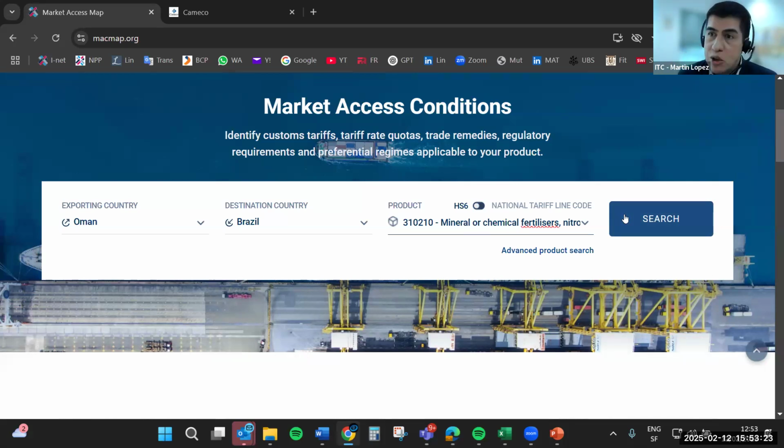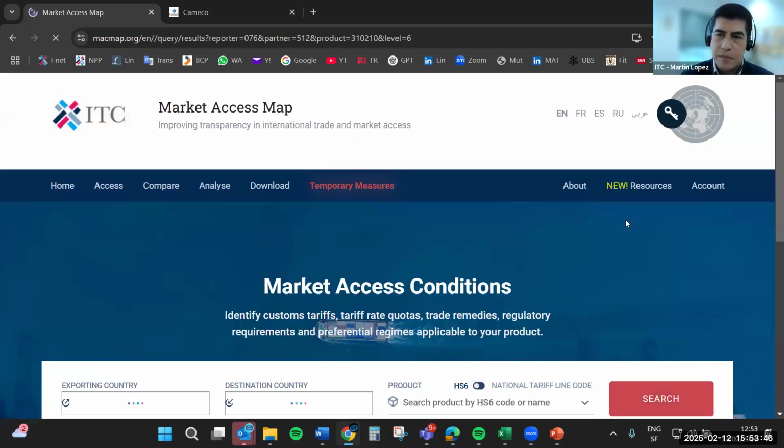When we say non-tariff measures, we are talking about regulatory requirements that are established by the importing country in order to protect nature, human beings, public health, and so on. So I'm going to click on search to learn what we need to comply with in order to get market access to Brazil.